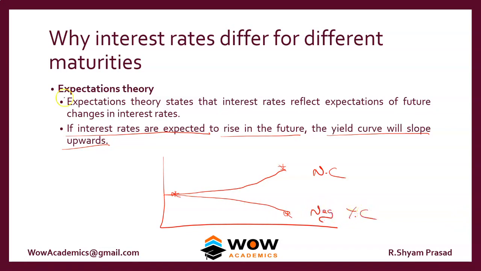This theory can explain the different types of yield curves. It does not only explain the normal yield curve, because the earlier liquidity preference theory can explain only the normal yield curve, but this expectations theory can explain any yield curve, because it is only the expectation which determines the yield curve. So it can be easily explained by this theory.